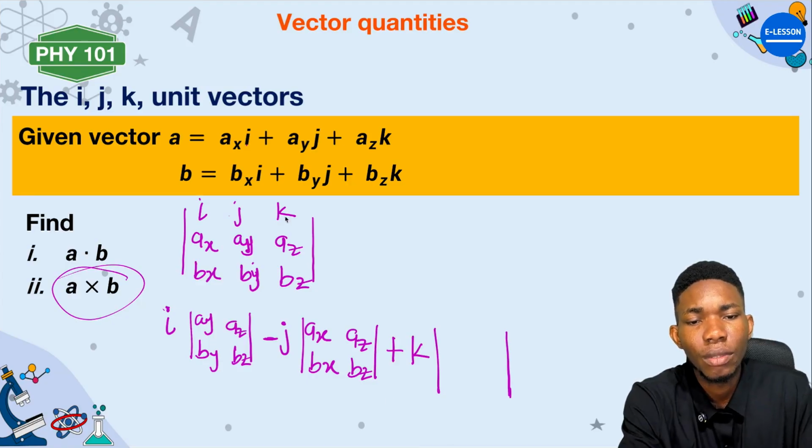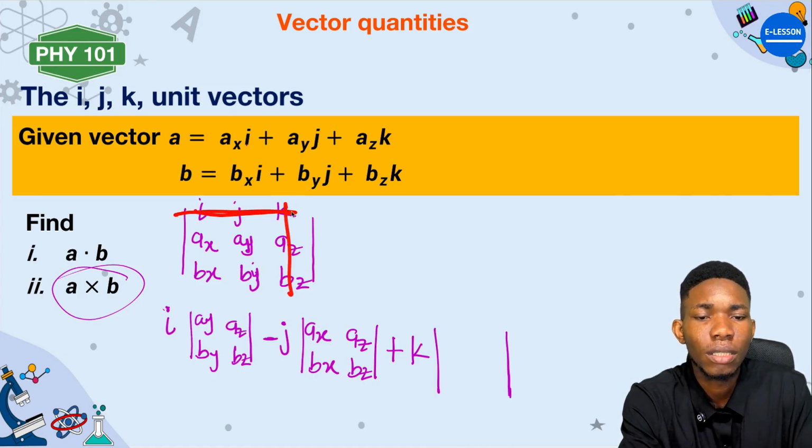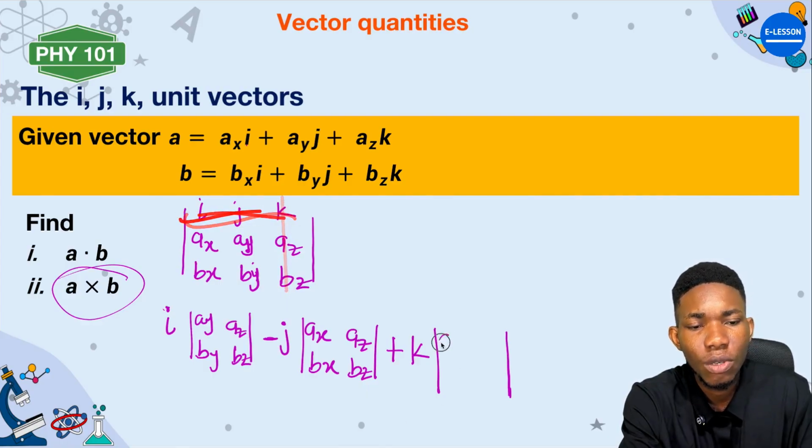Are you getting what I'm doing? The same thing you did for J, you do for this one. Cancel for K down, write anything that is remaining. Remember that J is negative, I is positive, K is positive. Determinant law in your secondary school. So this will give us what, my dear student? AX, BX, AZ, BZ.